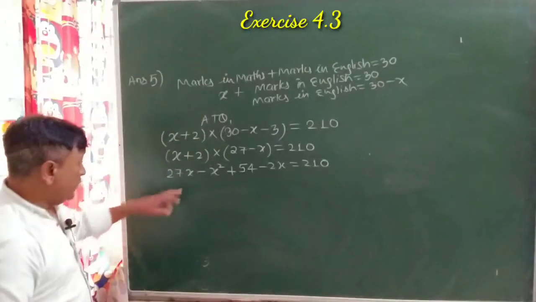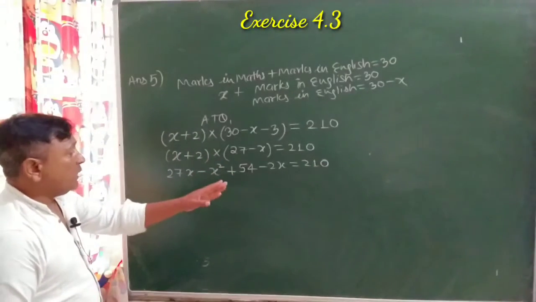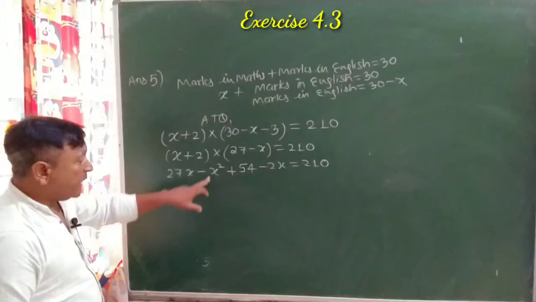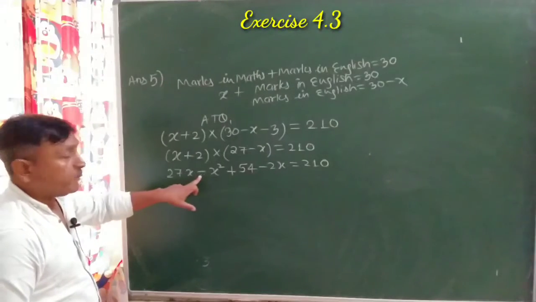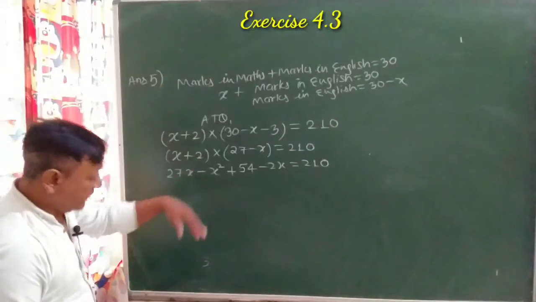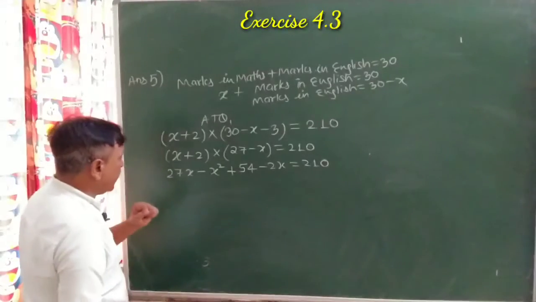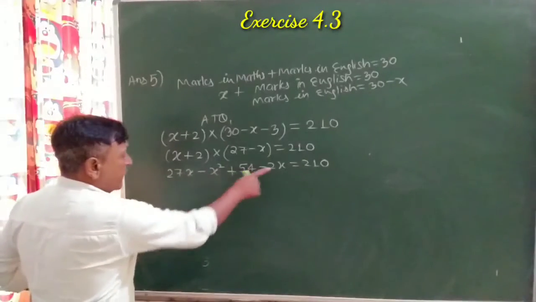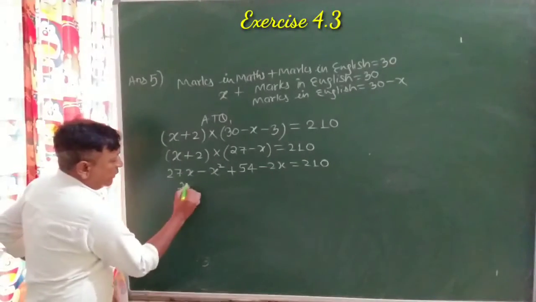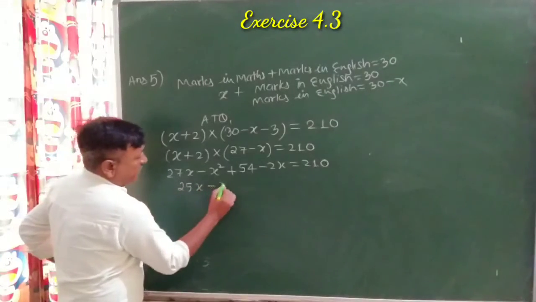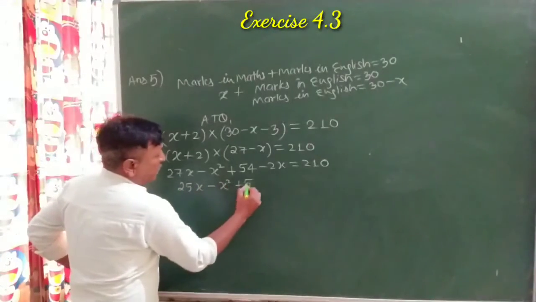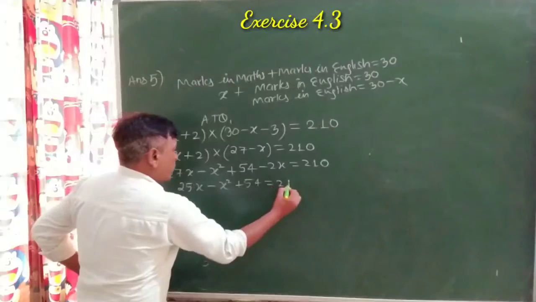Okay. Transpose everything to the right hand side, as I had told you that the x square term must be positive. Before sending, solve 27x minus 2x, 25x minus x square plus 54 is equals to 210.